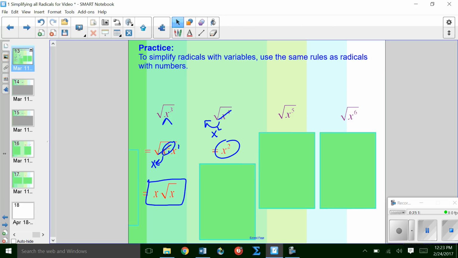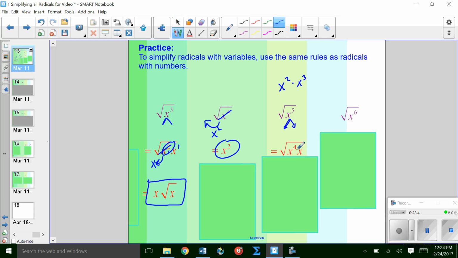For this next one, we've got x to the fifth, and we're going to break that x to the fifth into, because it's an odd exponent, one factor that has an even exponent and one that has an odd. Now, just like with numbers, we always want to break it apart to have the highest perfect square factor that we can. So while you could break this apart into an x squared times x to the third, there is a higher even power exponent that we could use, and that would be x to the fourth.